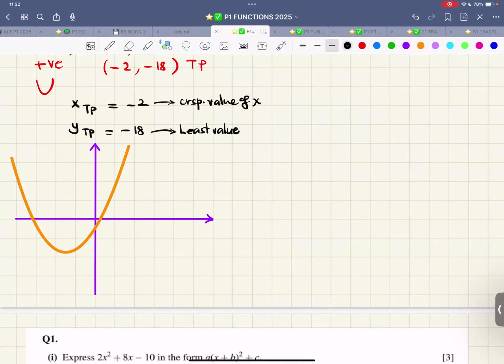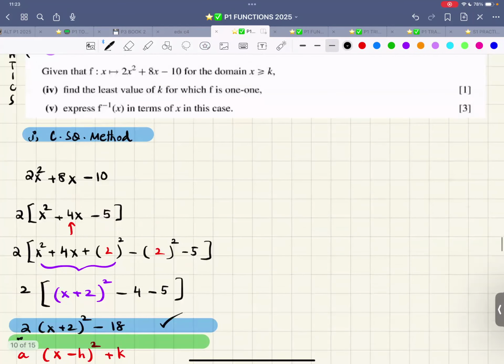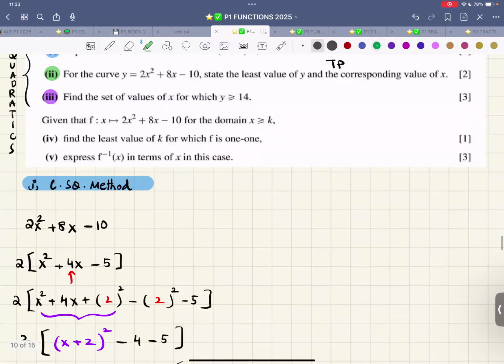And over here, this is -2, this is -18. This is the lowest value, and that's how the graph is drawn. So that's the first thing, and the second thing.